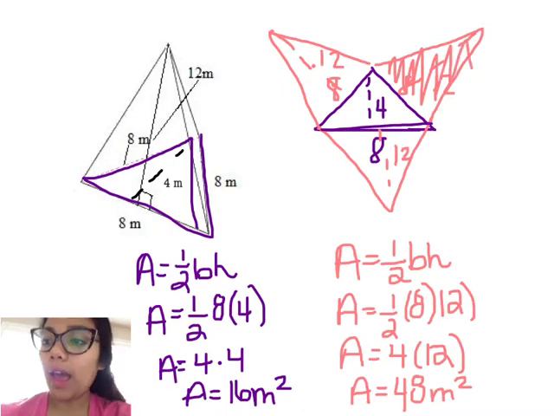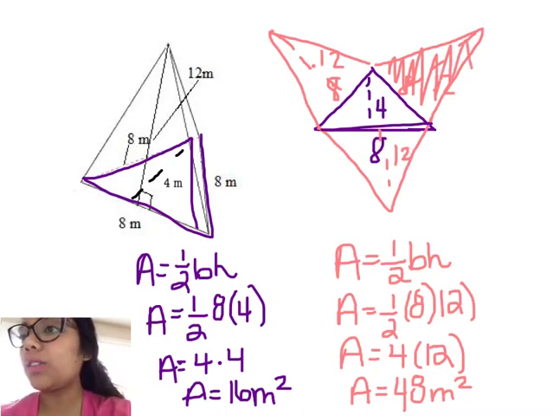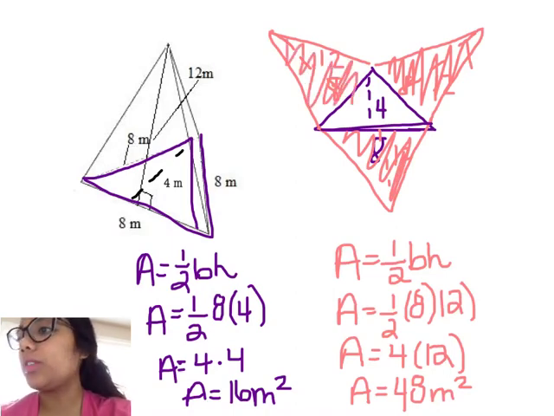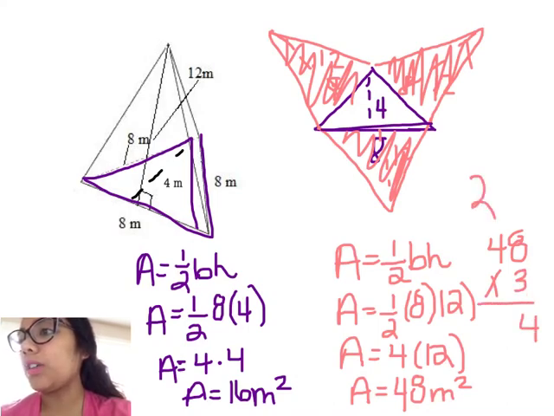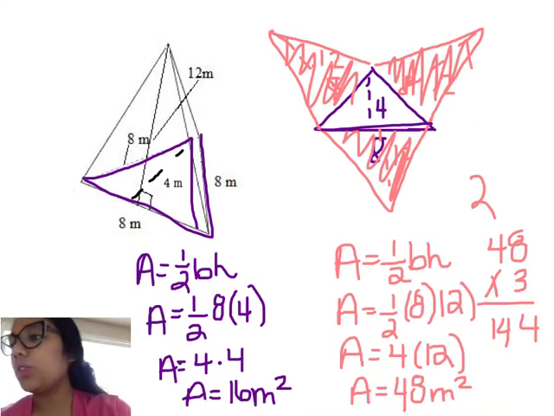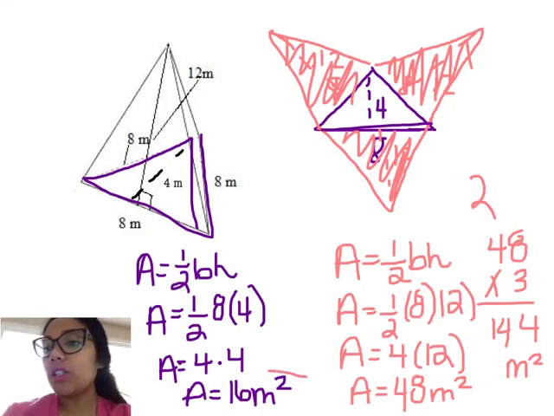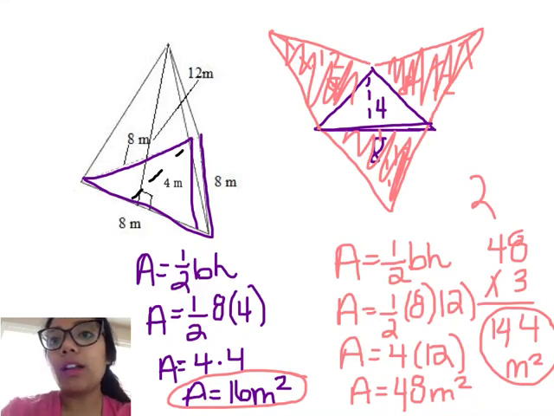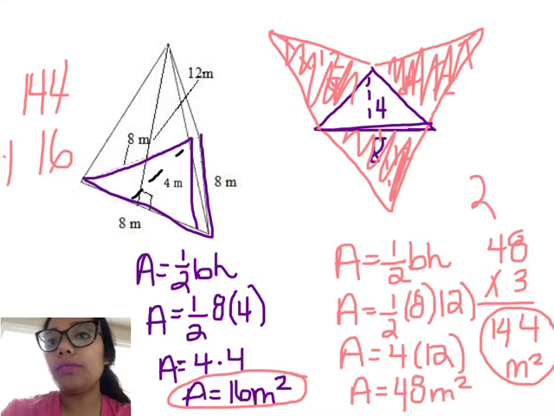How many of them do I have? I have 3, so I have to multiply 48 times 3. 4 times 3 is 12, so that's 144. So I have 144 square meters of my lateral surface area, and I have 16 square meters for my base. To find the total, I have to add 144 plus 16.